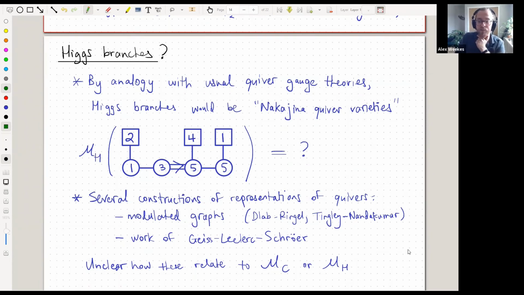There's also an interesting paper of Tingley and Nandakumar on this topic. And then there's more recent work of Geiss, Leclerc, and Schröer. I don't know how this is related to this Higgs branch or even the Coulomb branch, but these works inspired our construction. So I should acknowledge that there's some link, which is hard to make precise, but somehow this motivates the definition that I gave.